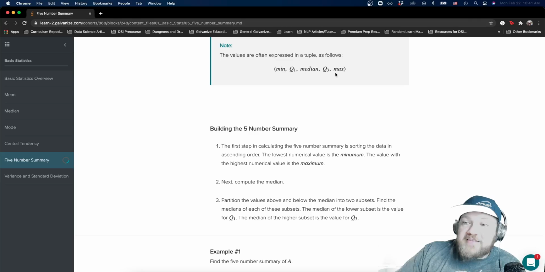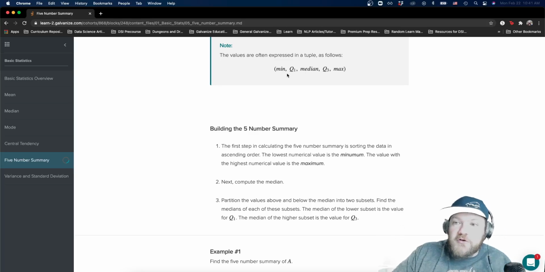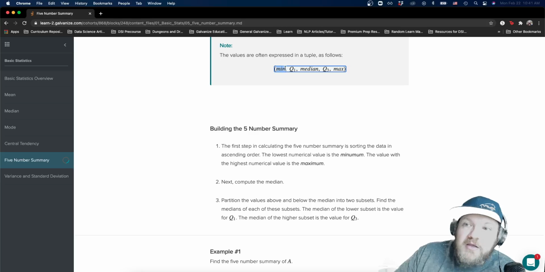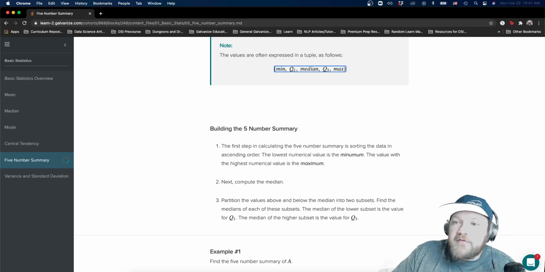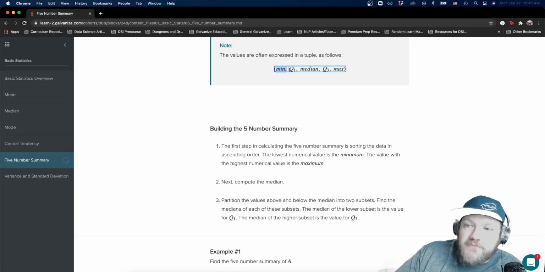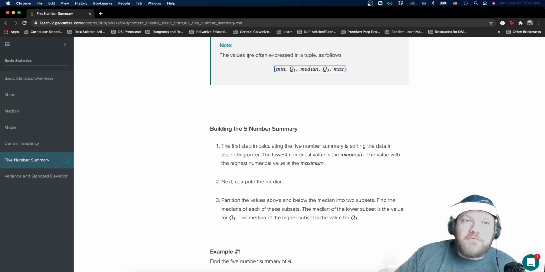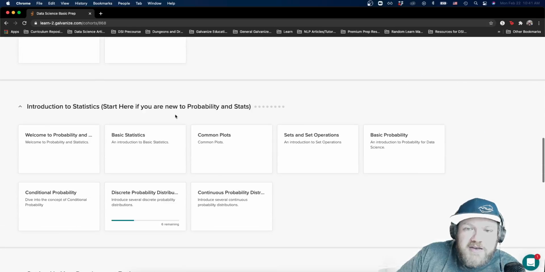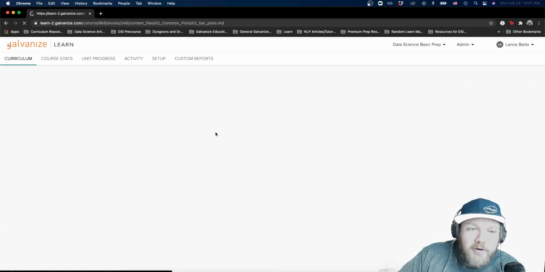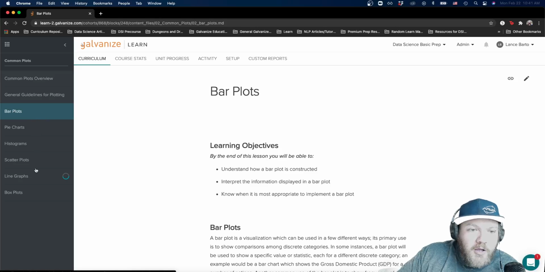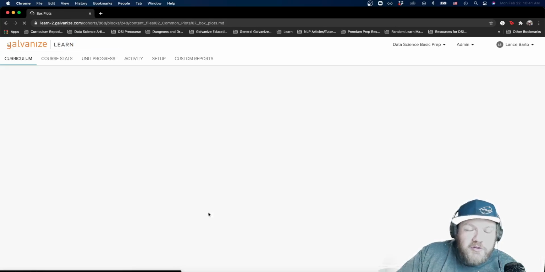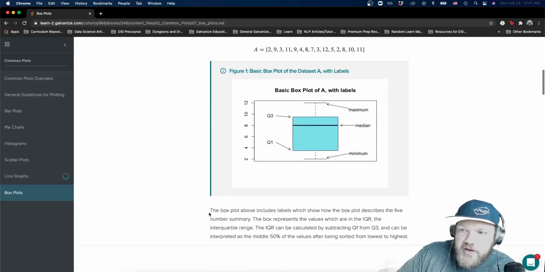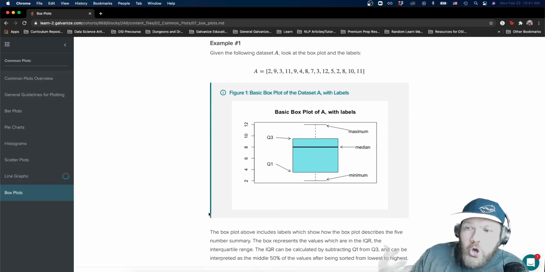So it breaks it down into these 4 quartiles where 25% of the data is in the first quartile, 25 in the second, 25 in the third, 25 in the fourth, right? And if we go over to our data visualizations or common plots, box plots really visualize the 5-number summary, and these two things really go hand in hand, right?